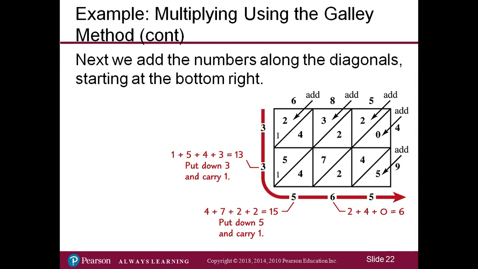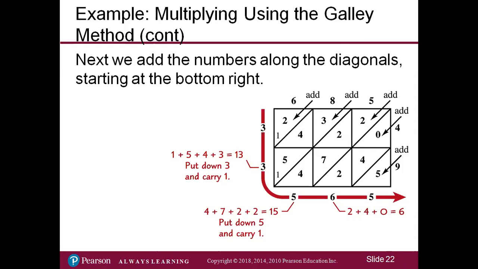Well, actually a 15, but we carry the 1, which is written in the little corner of the next diagonal. We write the 5, we carry the 1, just like we do in our own stacking algorithm. So write the 5, carry the 1. Now 5 plus 4 plus 3 plus 1 gives us a total of 13. Again, write the 3, carry the 1. 2 plus 1 is 3.